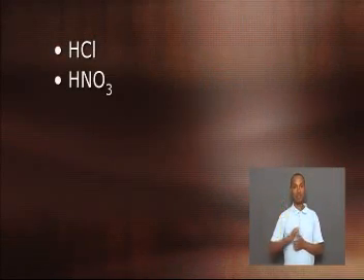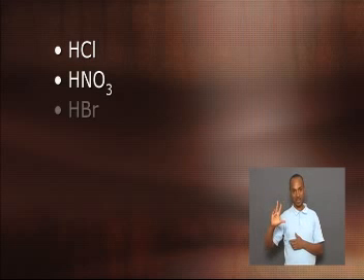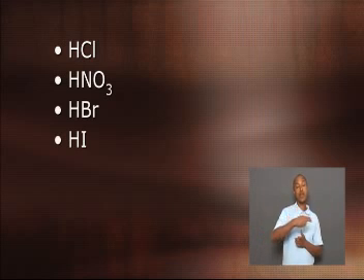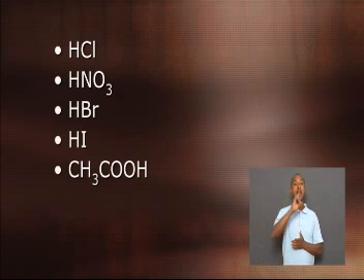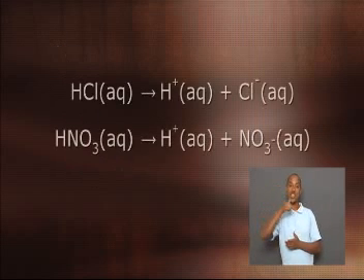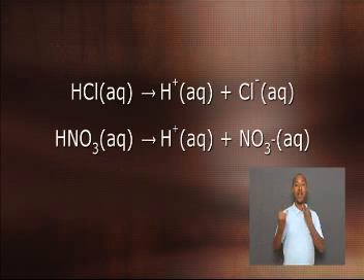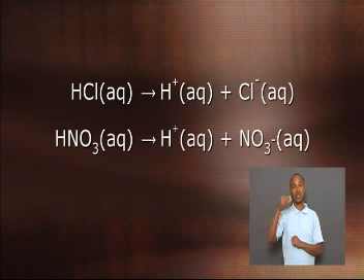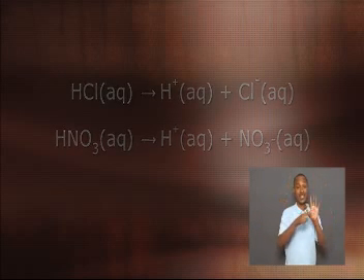Some common examples include hydrochloric acid, nitric acid, hydrobromic acid, hydroiodic acid, and acetic acid. The ionizations of hydrochloric acid and nitric acid in aqueous solution is shown here, for example.